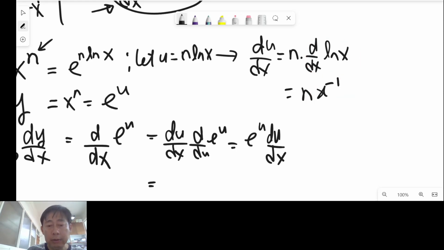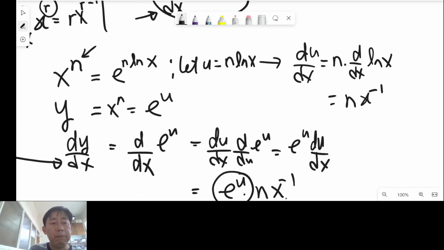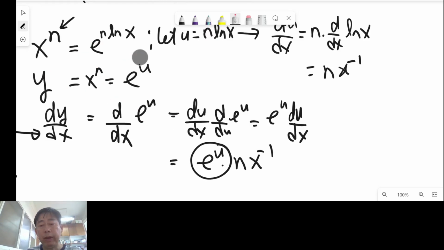Therefore, the right hand side here for these equations is nothing but e^u times n x^(-1). But what is e^u? e^u is nothing but x^n. I just replace u by its definition. So e^u is x^n.